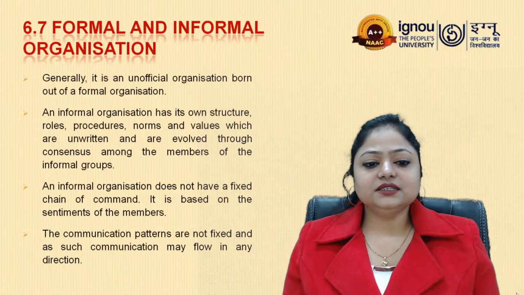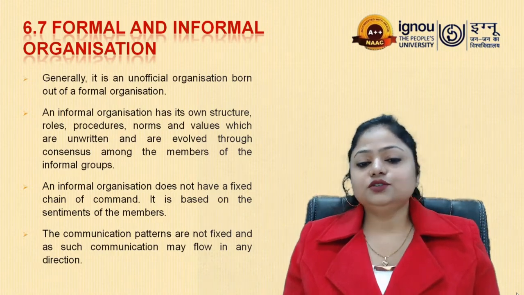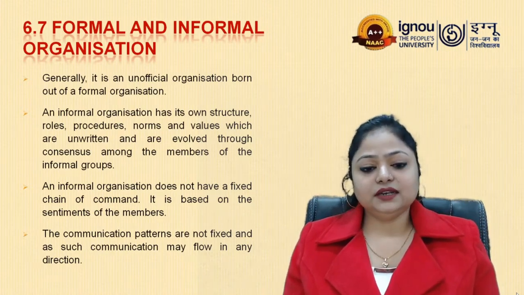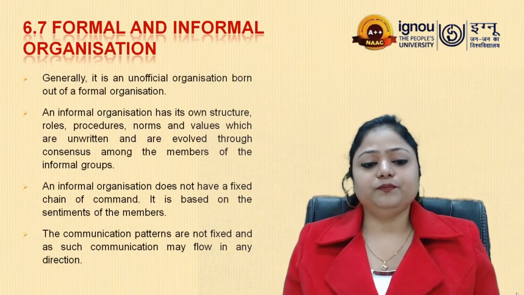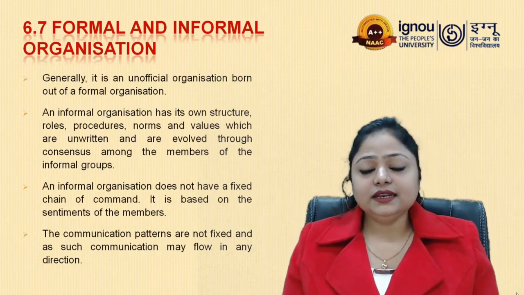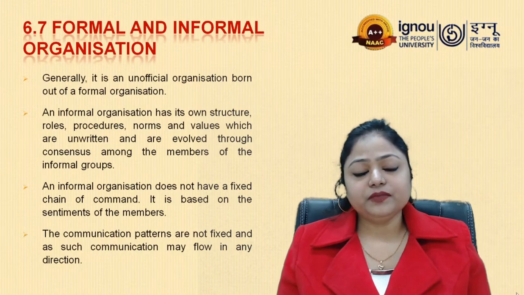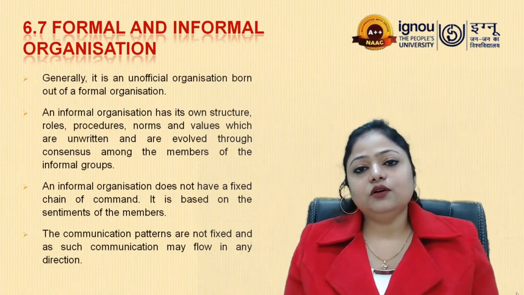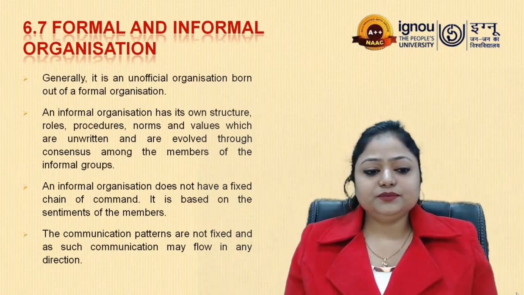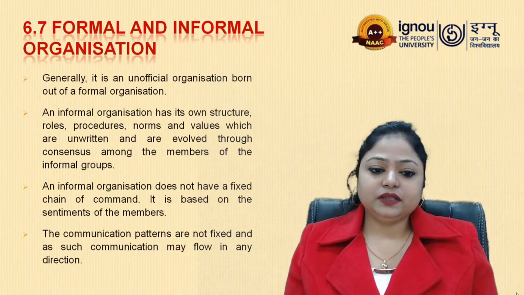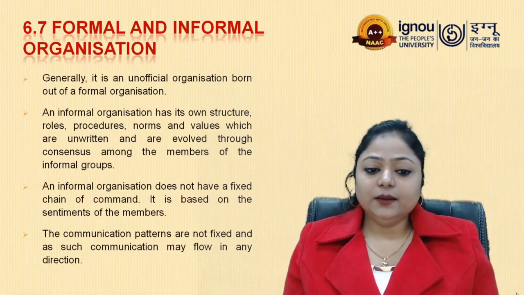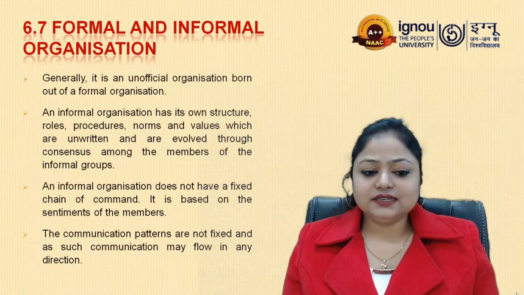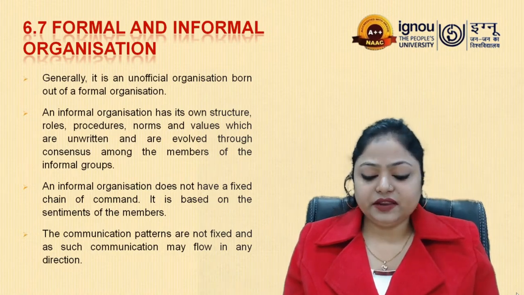An informal organization does not have a fixed chain of command. Anybody can talk to anyone. Like if I am the boss, any subordinate can come and talk to me, even though we are part of the formal organization. It is based on the sentiment of the members. The communication patterns are not fixed, and communication may flow in any direction.